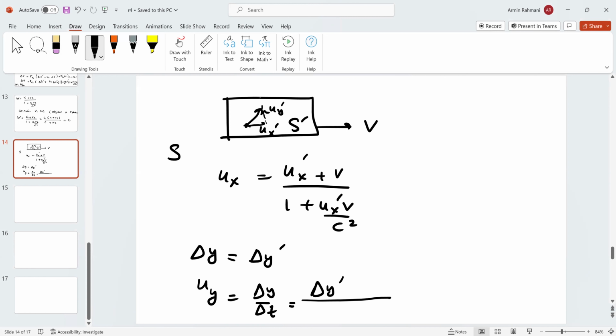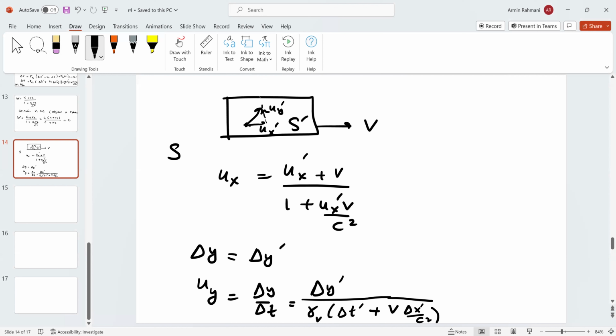The expression for delta t is gamma of v times delta t prime plus v delta x prime divided by c squared.